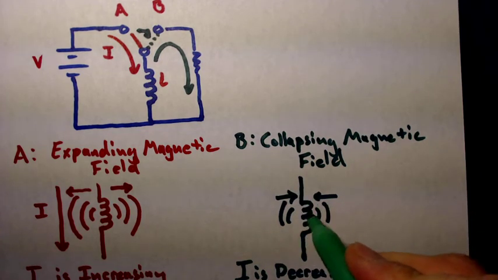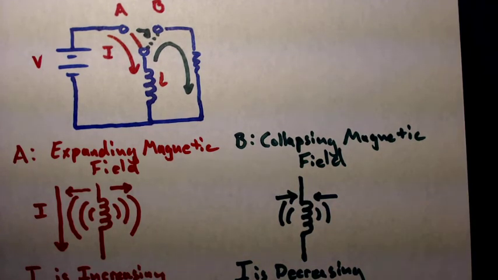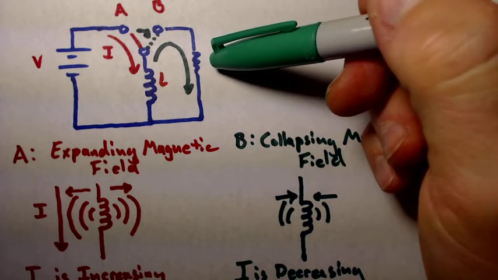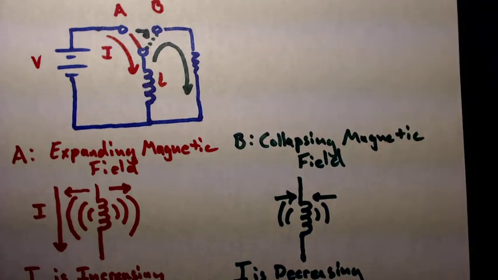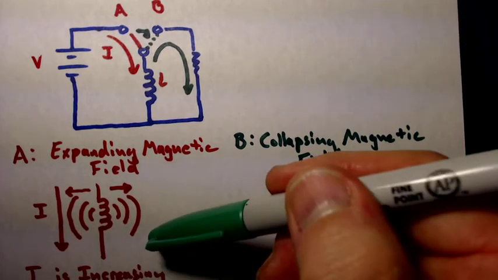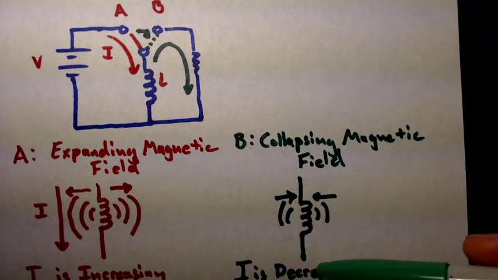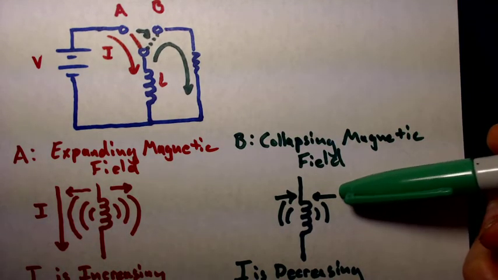So I'm drawing my arrows going inward. The magnetic field is falling. We're taking energy away from this inductor and putting it through this resistor. So whenever current is increasing, we have an expanding magnetic field, and whenever current is decreasing, we have a collapsing magnetic field.